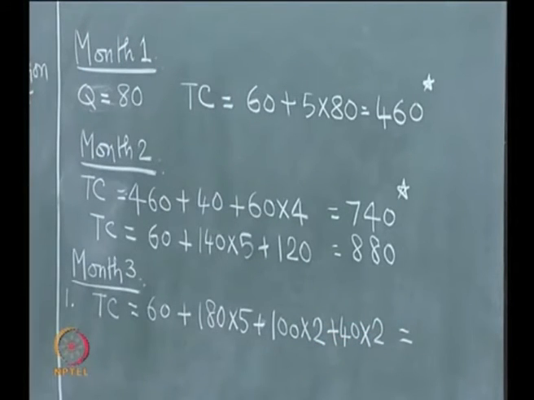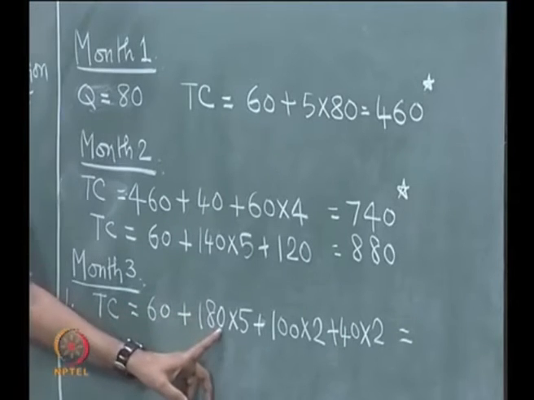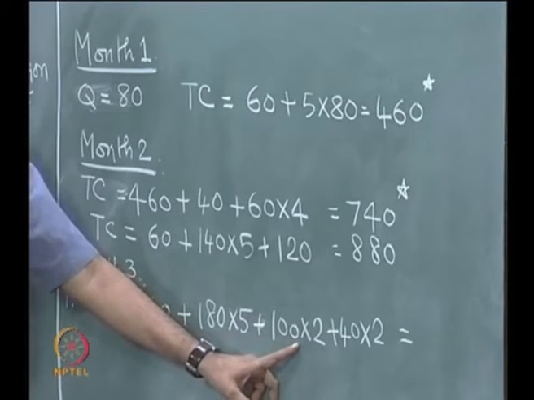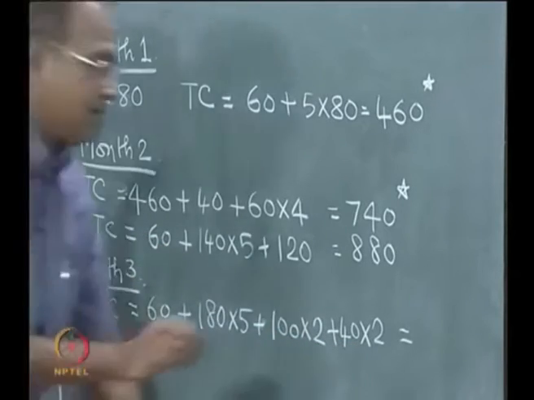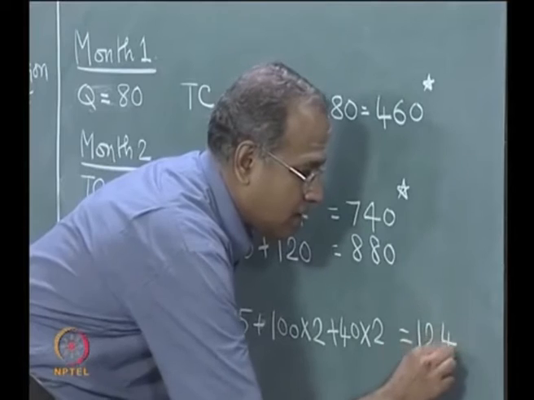So this gives us a total cost of 900 plus 200 is 1100, 1180, plus 60 is 1240.